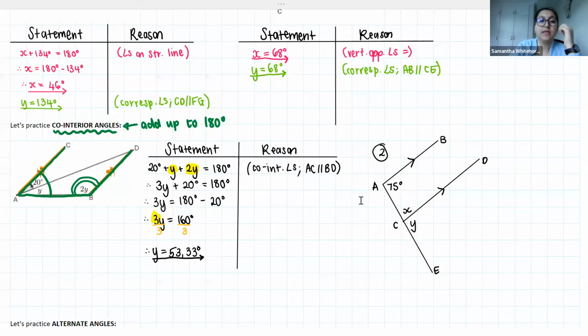Guys, remember, with your reasons, you'll either state co-interior, corresponding, or alternate if it's parallel, as well as the parallel lines. Oh, excuse me.